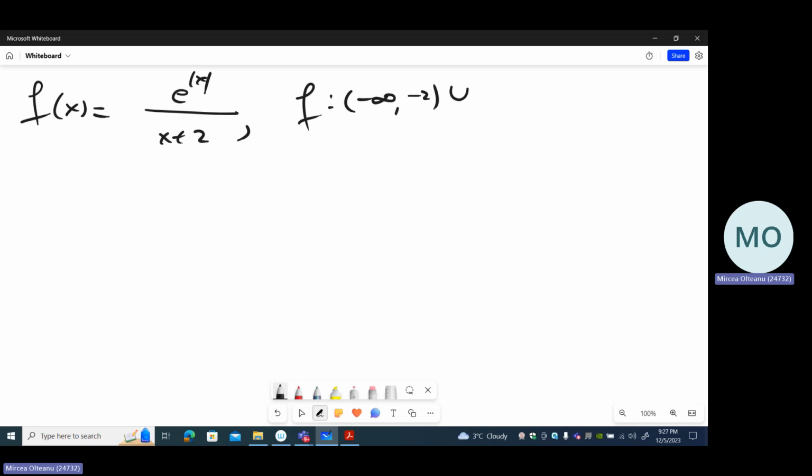Let's consider now an exercise where we have a module, of course. Let f of x be e to the power of module of x over x plus 2. Of course, the domain of definition is minus infinity, minus 2, together with minus 2, infinity, taking values in the set of real numbers. And now the question is to find the local extrema.